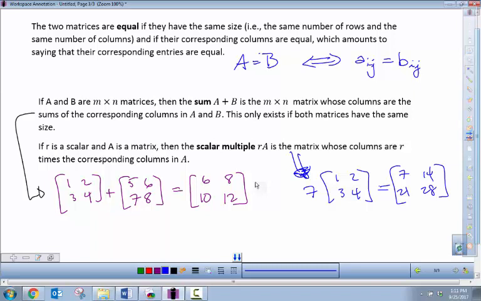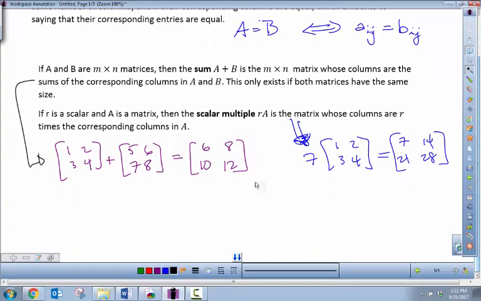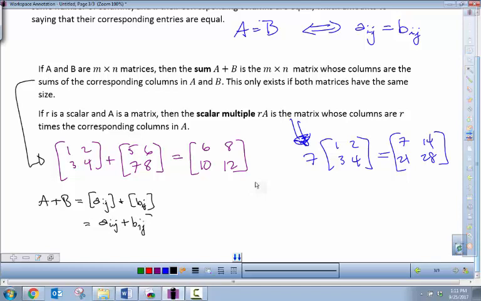Okay. So with that special notation that we have, we could say A plus B is equal to adding all the elements Aij plus Bij, which is going to be adding Aij plus Bij to go in the ij element.